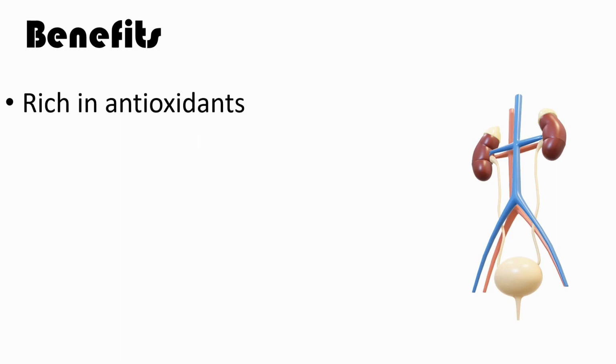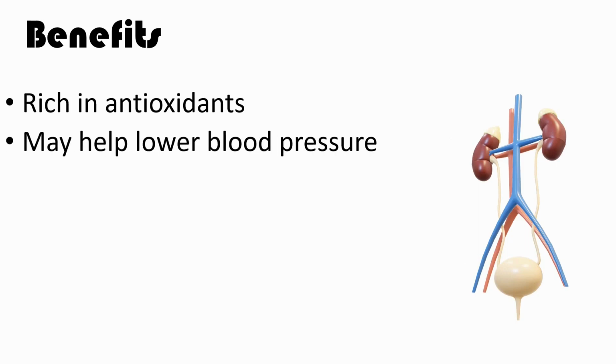I think blueberry contains a lot of that too. I'm not sure. May help lower blood pressure. Guys, in upcoming videos, we will talk about blood pressure and a berry that super helps in lowering blood pressure. It is an extremely powerful berry.